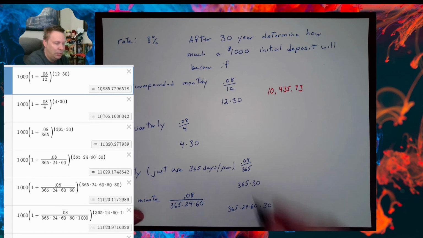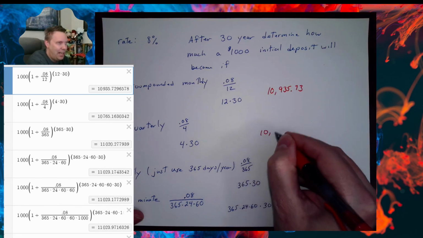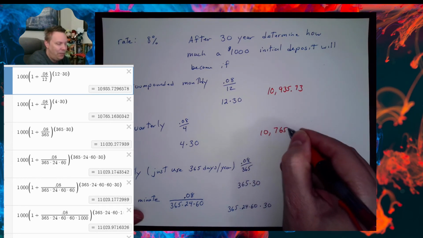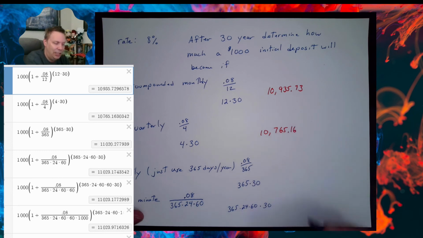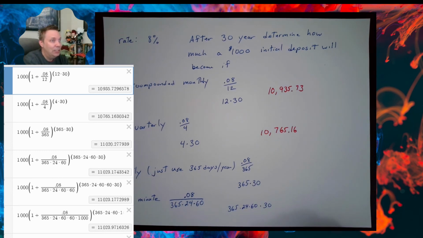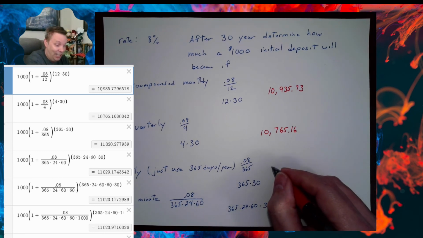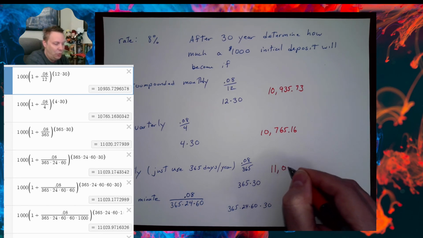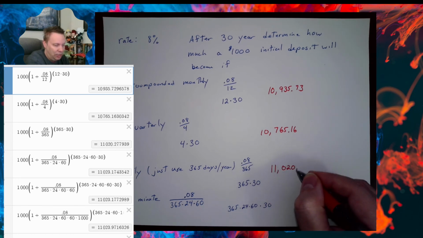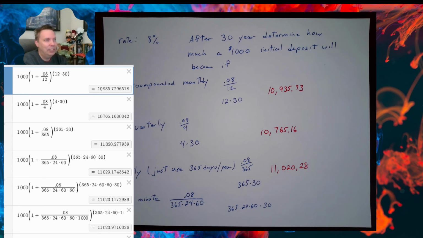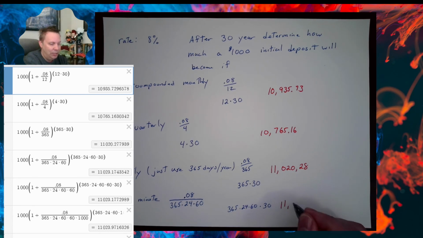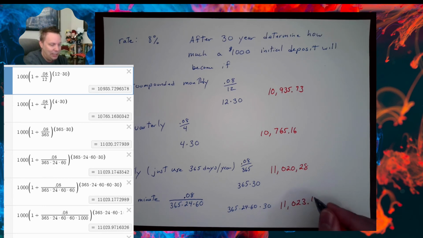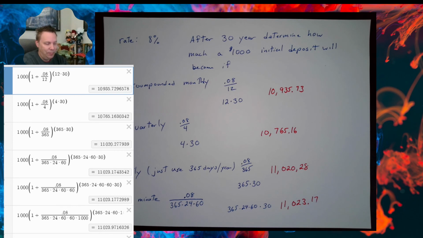The quarterly was $10,765 and about 16 cents. The daily looks like $11,020 and I think 28 cents. Every minute was $11,023 and it looks like 17 cents.